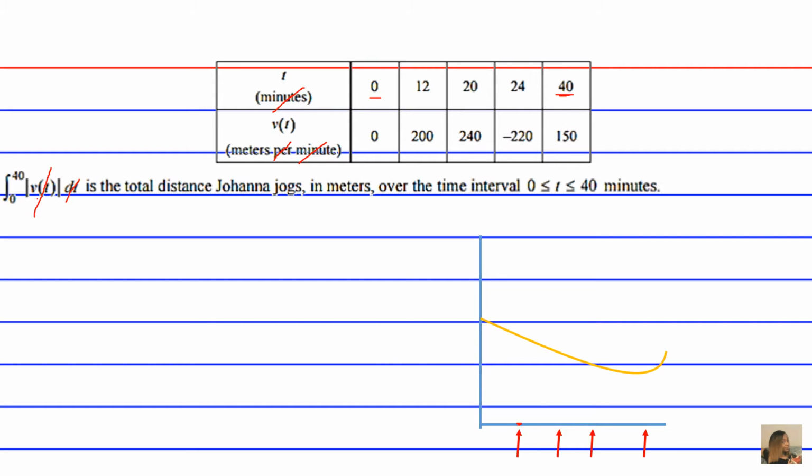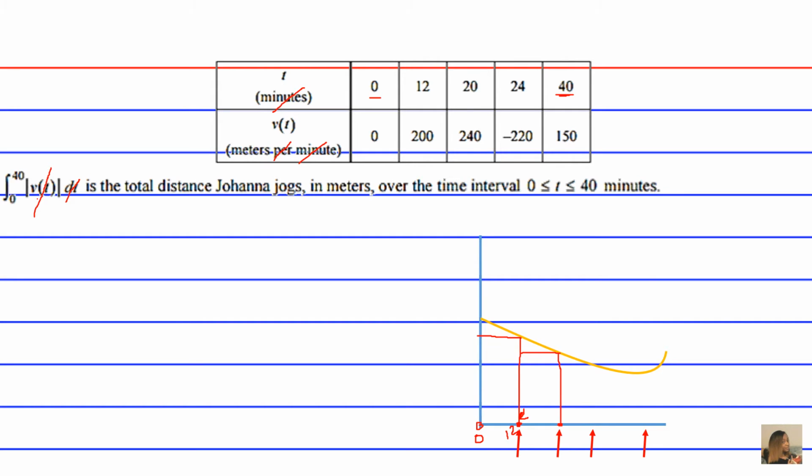So we can use what's called a right Riemann sum to figure out the value of the integral. When I say right Riemann sum, our first interval is between, let's say, 0 and 12. Instead of using the height on the left side right here, we're going to use the height right here to create a rectangle and approximate our Riemann sum.